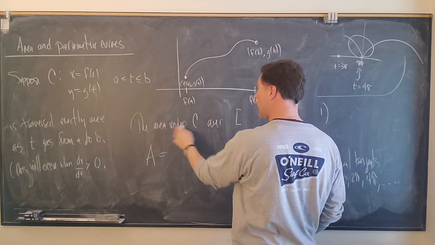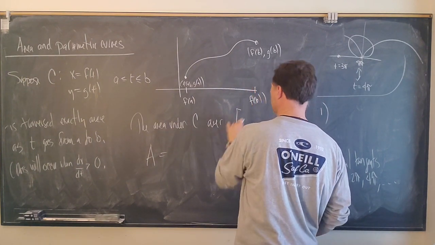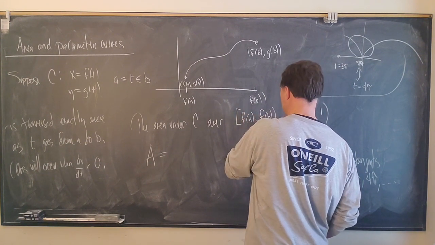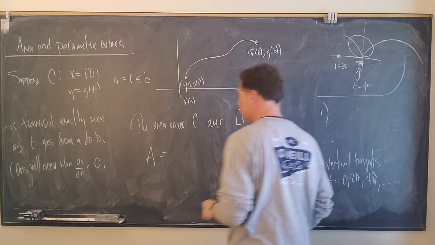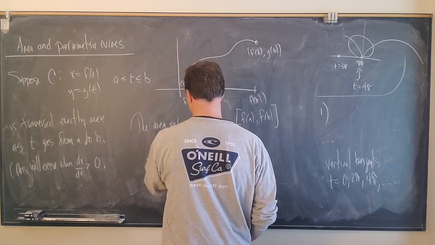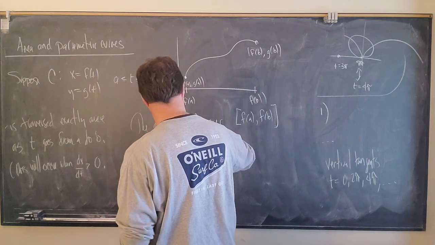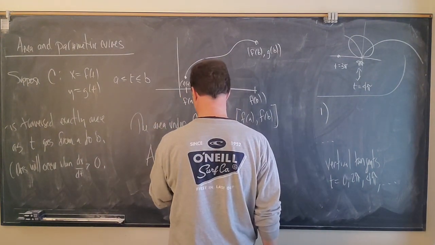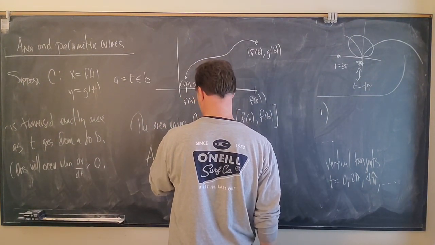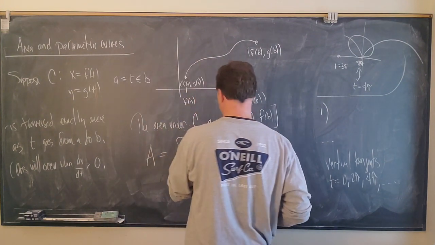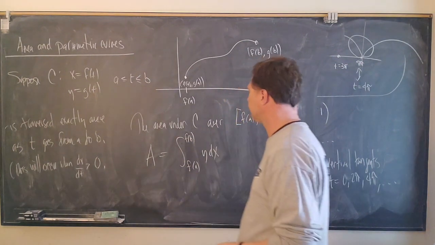So the area under C over the interval from f of a to f of b is, okay, so what are you going to do? You're going to integrate. Maybe take it slowly. f of a to f of b, and then you do y dx.